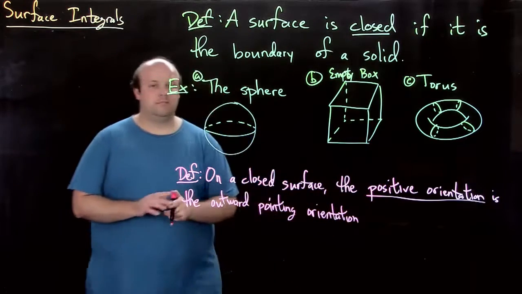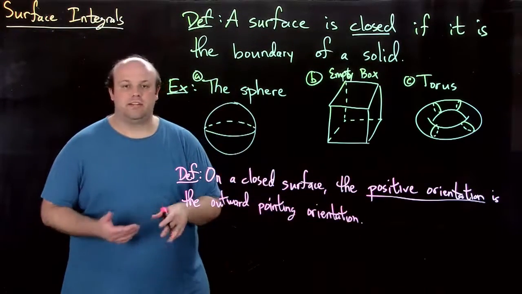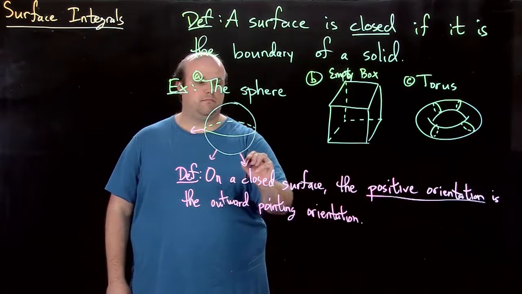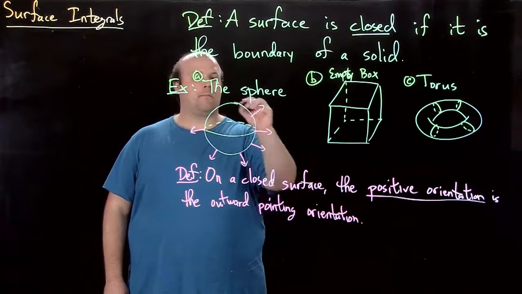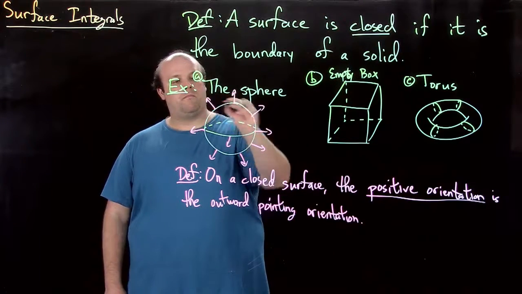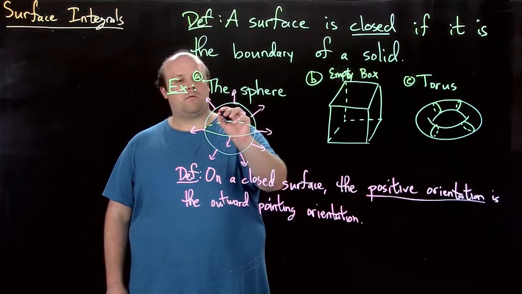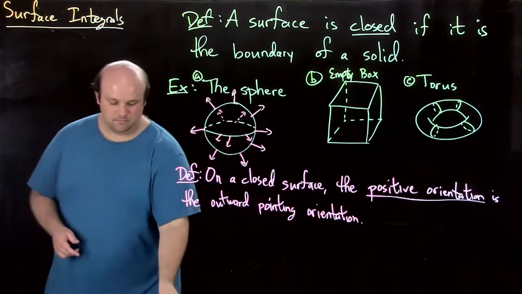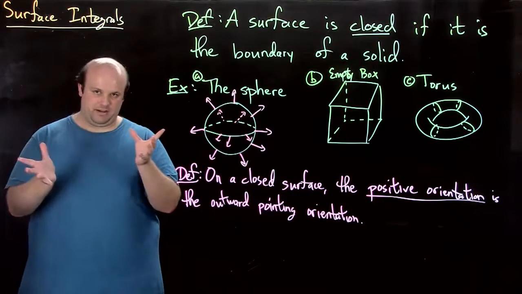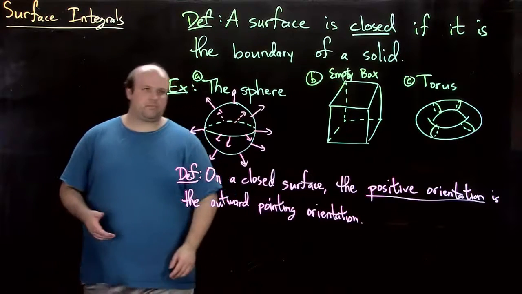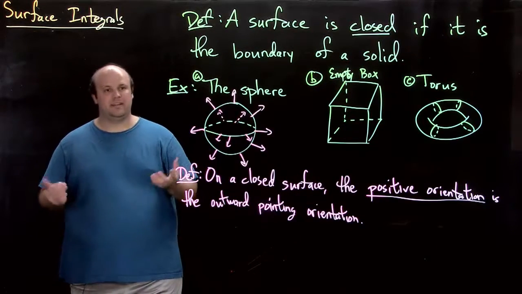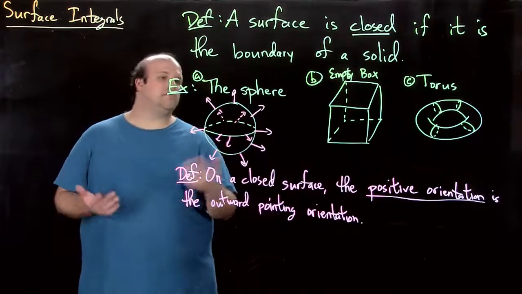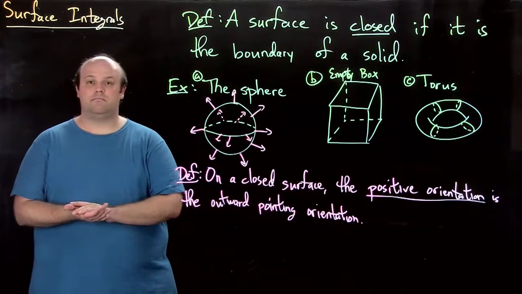Let's say on the sphere that I already have drawn here, the positive orientation would be the one like so. Just think of it kind of like a ball with a bunch of needles coming out of it. Then the negative orientation, of course, would be the one where all the needles are going inside. So that's just some terminology here, and see you in the next video.